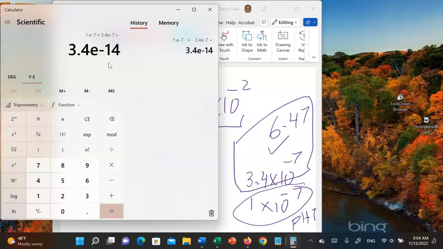Let's do a quick division. Okay? So clear entry. We're going to do, let's say, the Avogadro's number, 6.02 exponent 23, and we're going to divide this by, let's say, 1 billion, which is 1 exponent 9.